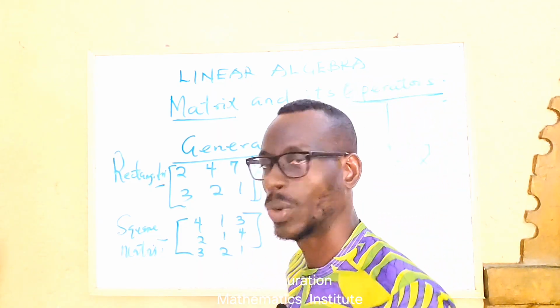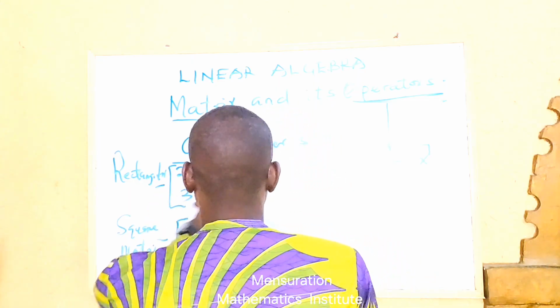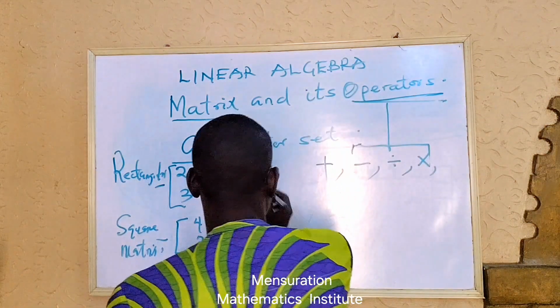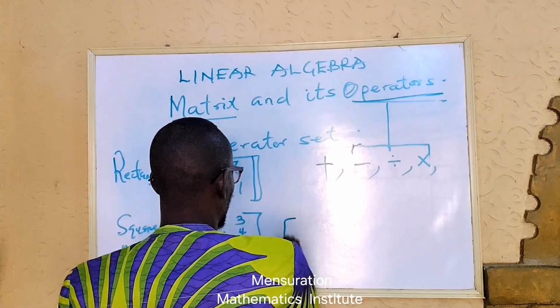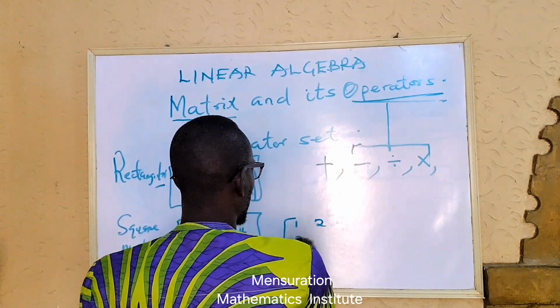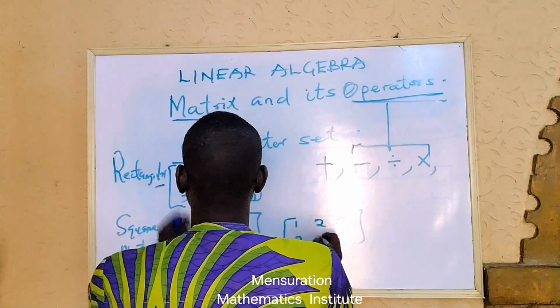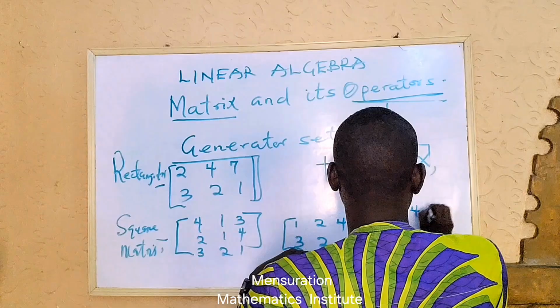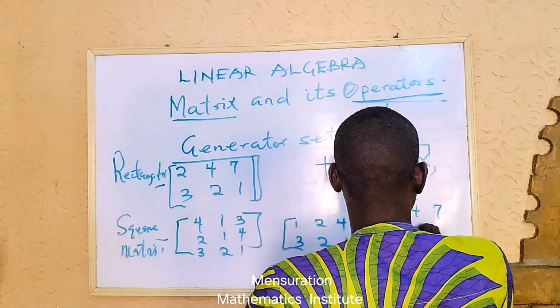Let's take a simple example. We have this rectangular matrix and we have another rectangular matrix. 1, 2, 4, 3, 2, 1. Another matrix, let's use this as the matrix 2, 2, 4, 7, 3, 2, 1.